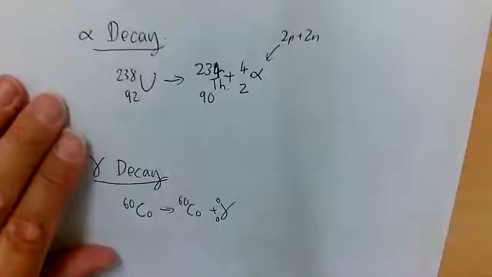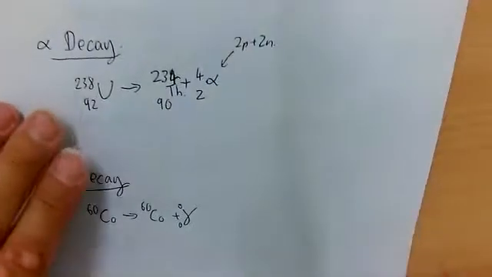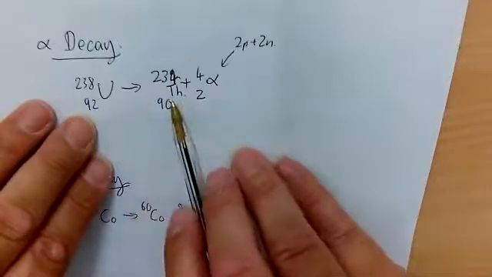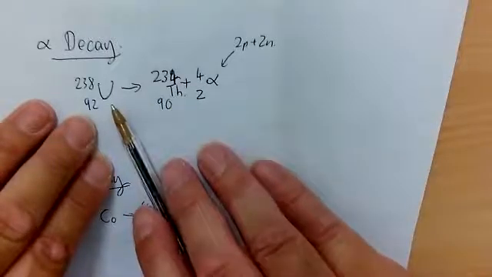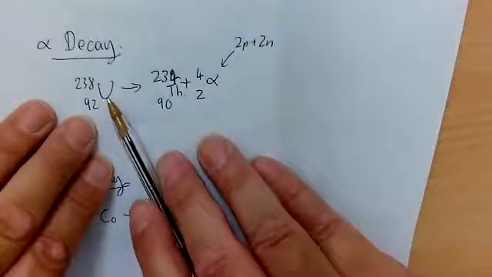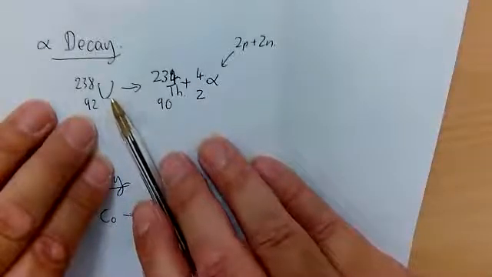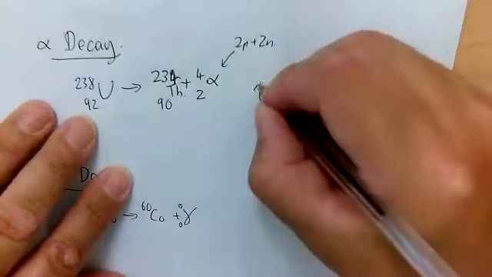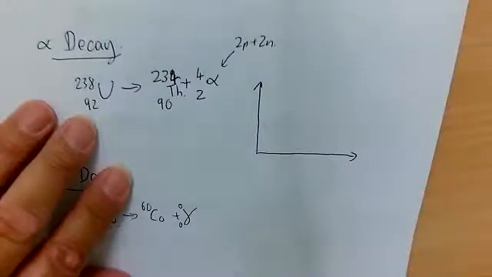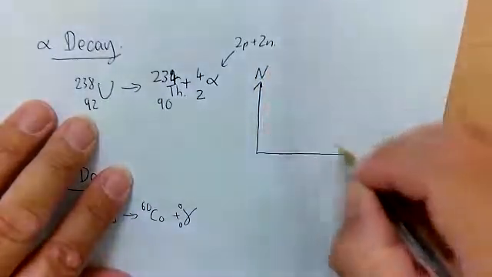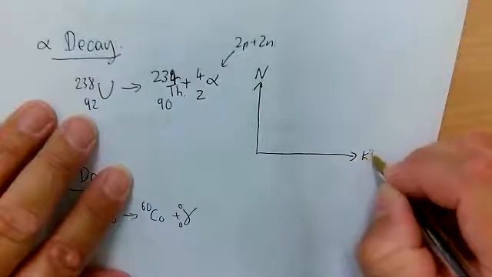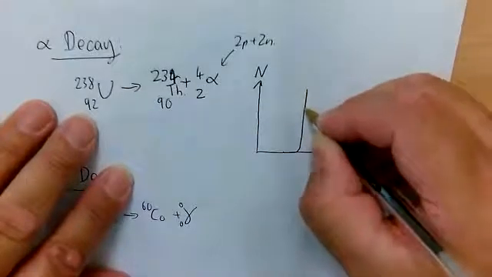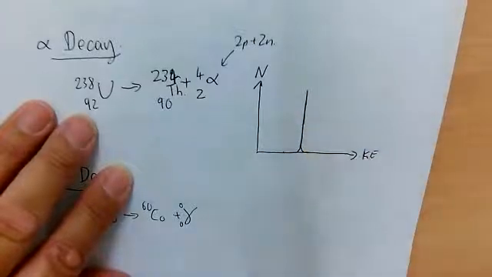Alpha decay, we go back to alpha decay. If you were to look at this, if you think about it, the uranium changing into thorium is going to be the same no matter which uranium-238 atom it is. So if we emit lots of alpha particles with a large sample of uranium, if we count the number of particles versus the kinetic energy of that particle, you'd expect them all to be pretty much the same.